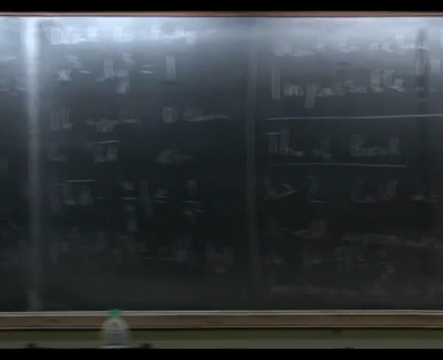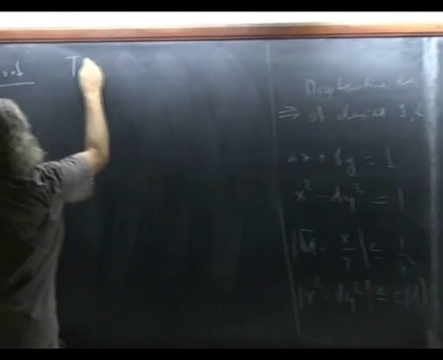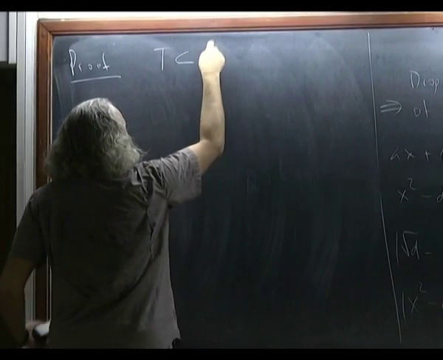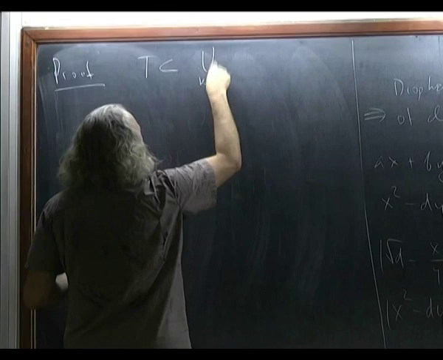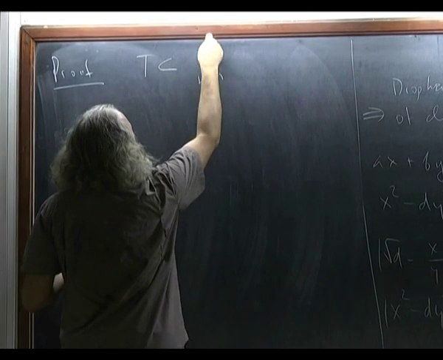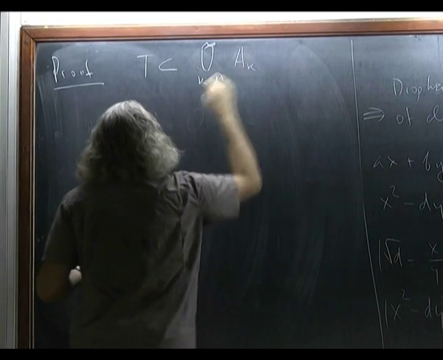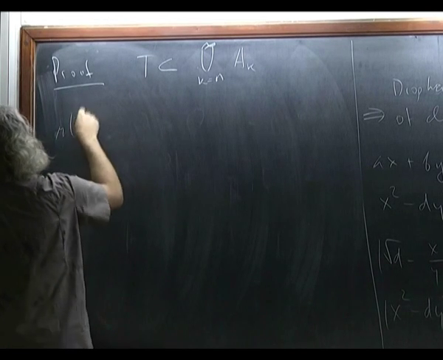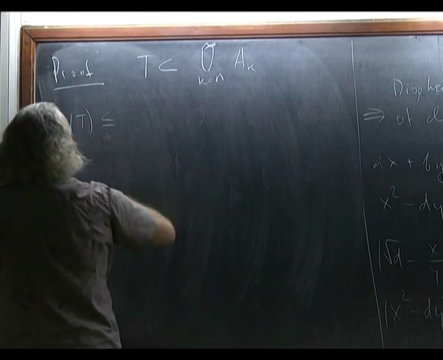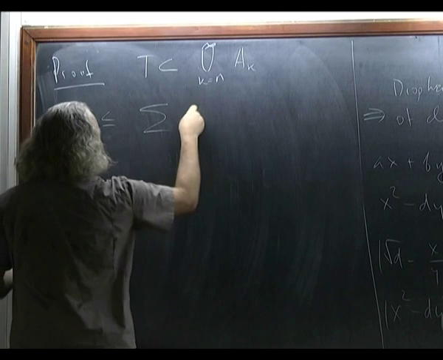Proof. T is contained in the union from k to infinity of A_k for every n. And so the measure of T is bounded by the sum of the measures of the A_k.